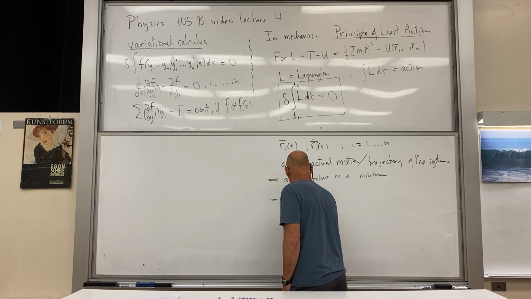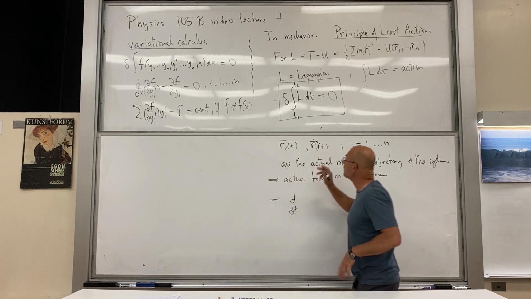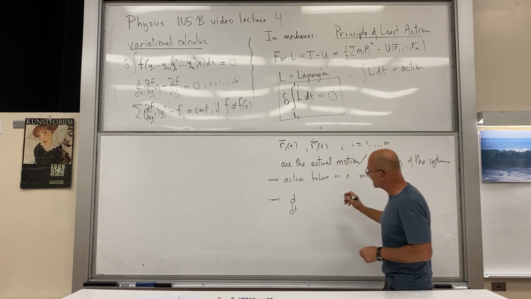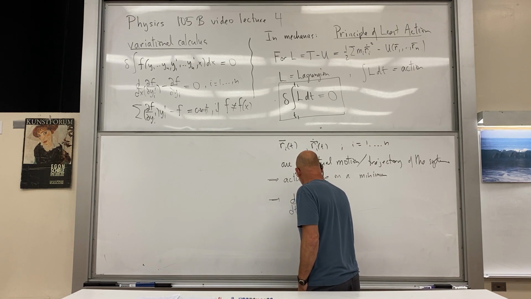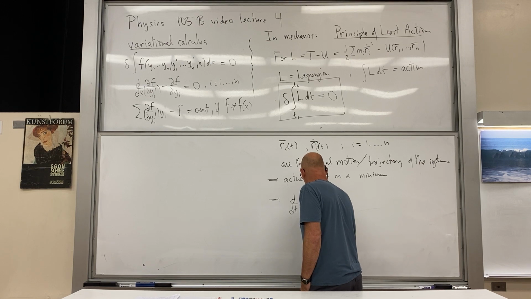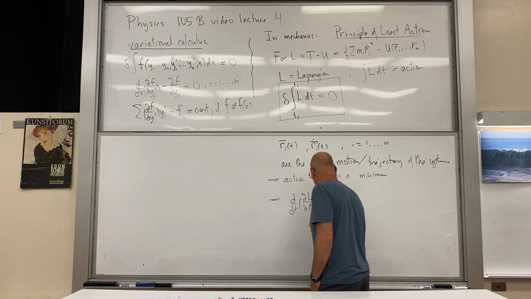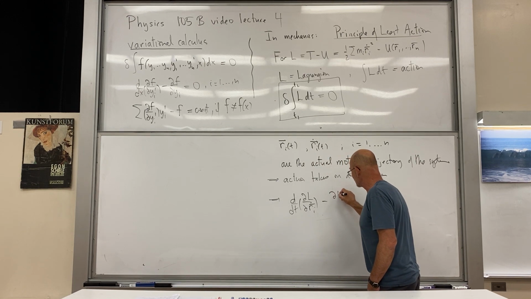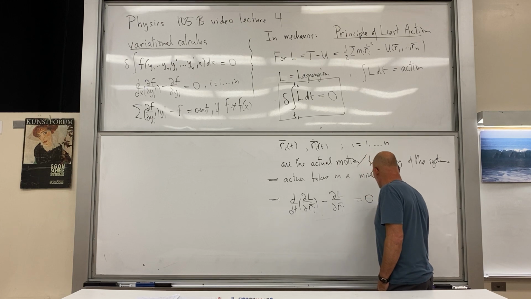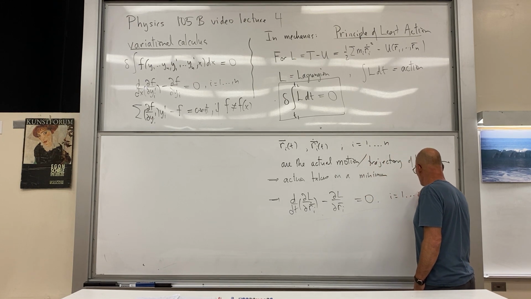So the translation should be apparent here, and we'll point it out. Let's just write this down. d/dt of partial L with respect to r sub i dot, minus partial L with respect to r sub i, is equal to 0, i equals 1 to n.